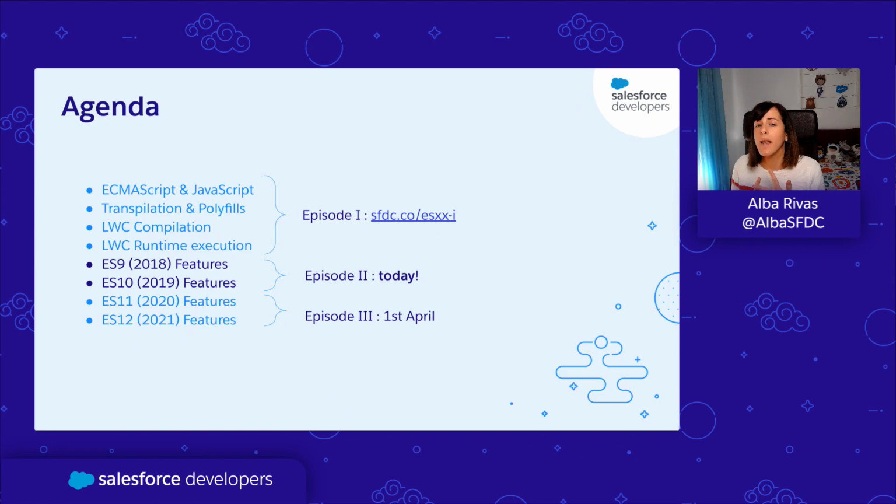I also explained the concepts of transpilation and polyfills and how we apply those concepts in Lightning Web Components compilation and runtime execution to make some features from Ecmascript 6 to Ecmascript 8 available for older browsers.